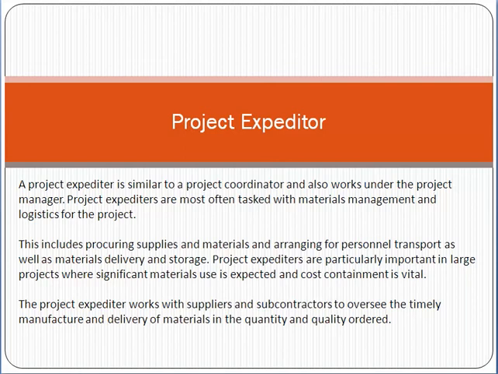Another example: you are working on an ERP project, and as a project manager, many resources have to travel from country A to country B. So the project expediter is the person who arranges the logistics. Logistics means ticket arrangement, travel arrangement, visa arrangement, conveyance arrangement, etc. All those things have to be managed by the project expediter.